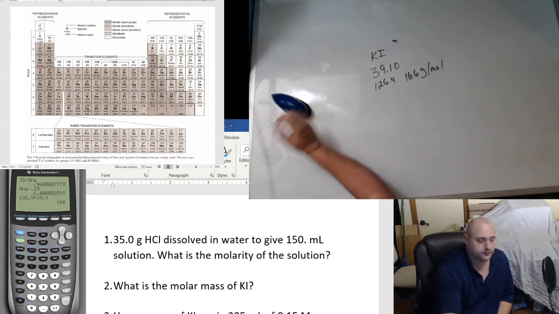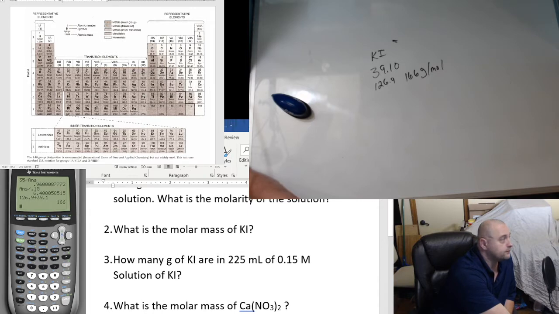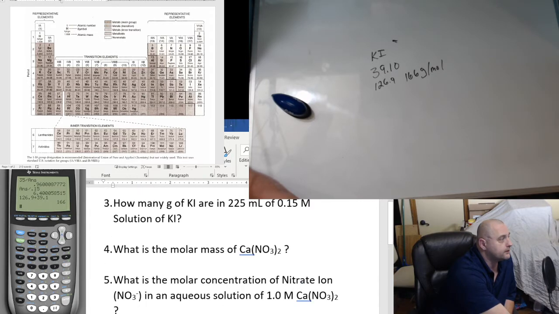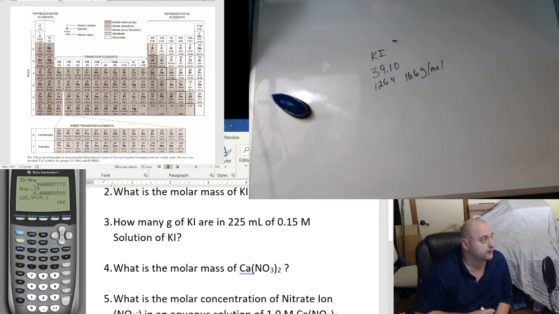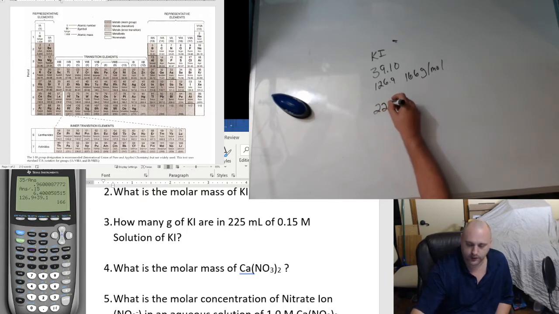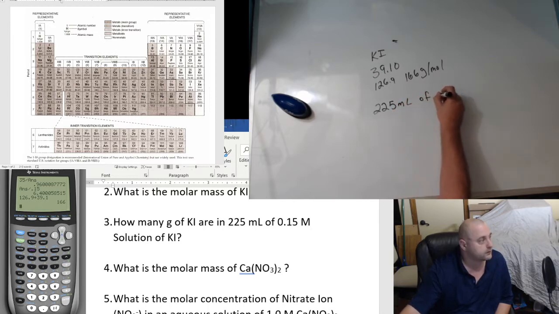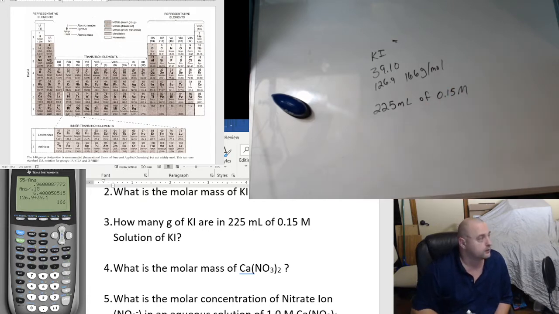Okay, so then let's come over here and scroll down. It says how many grams of KI are in 225 milliliters of 0.15 molar KI.